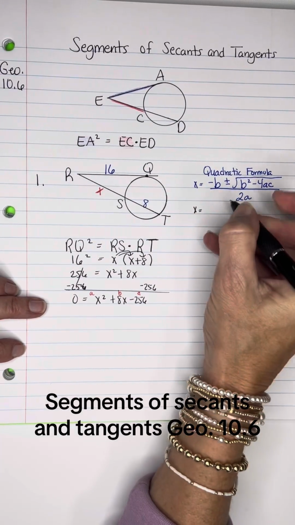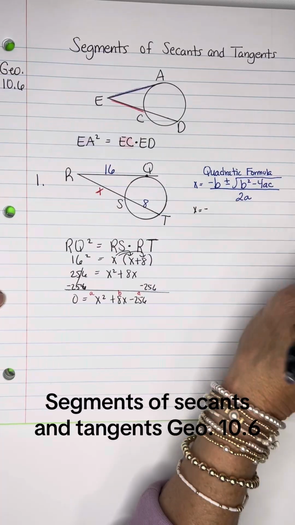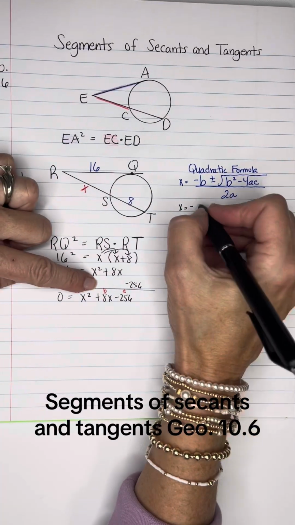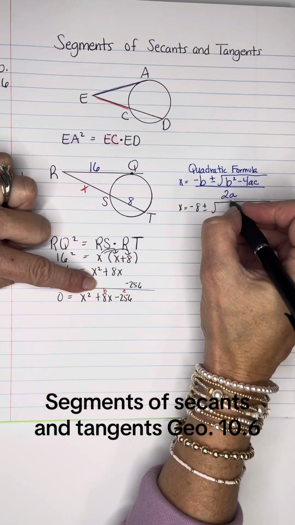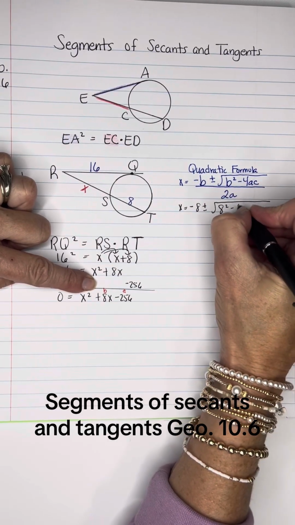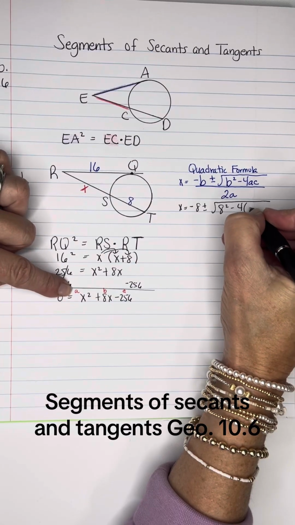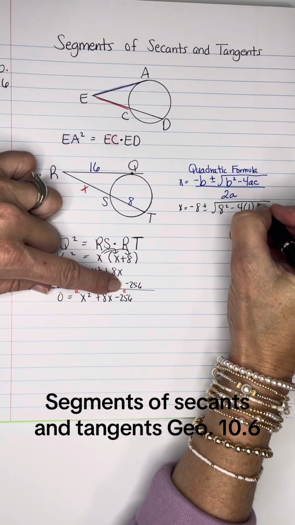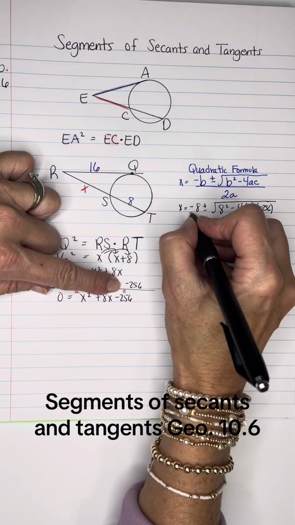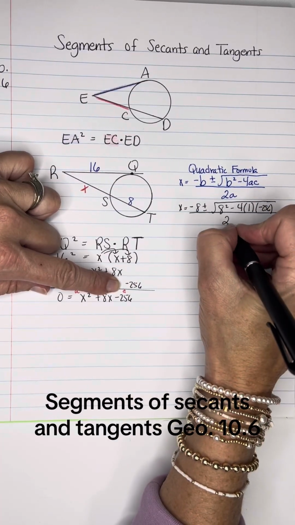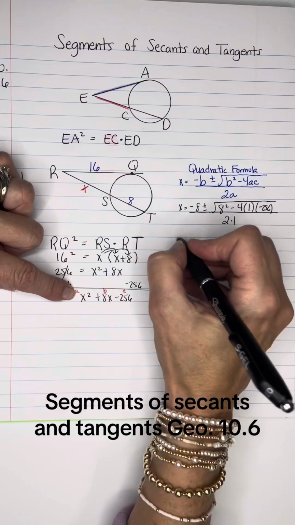Okay, so x equals negative b, which is 8, plus or minus the square root of b squared, 8 squared, minus 4 times a, which is 1, times c, which is negative 256, all divided by 2 times a, which is 1.